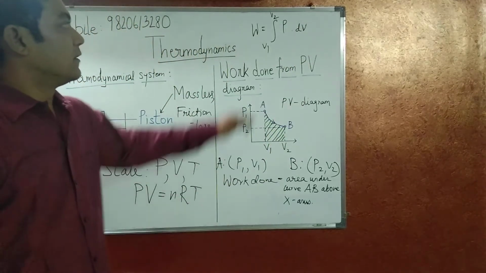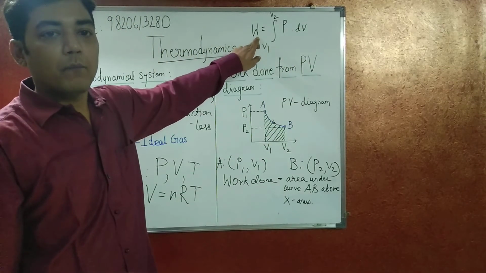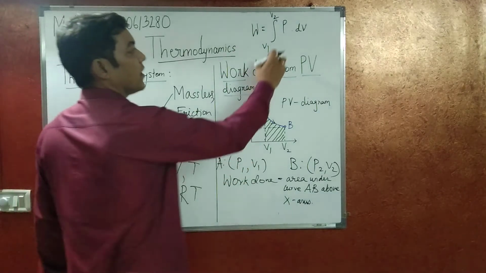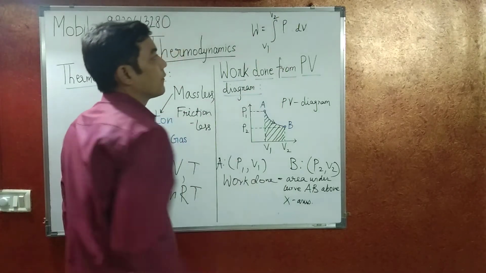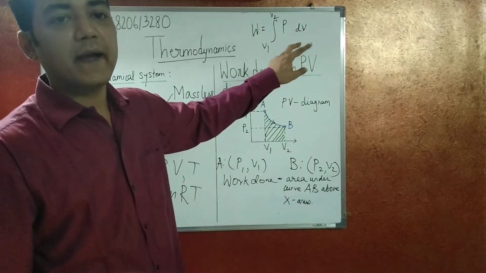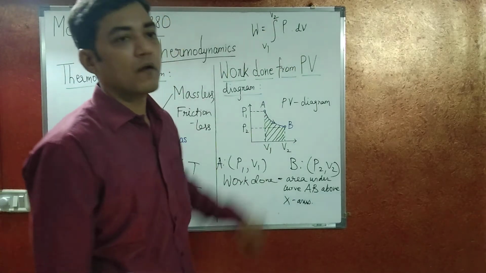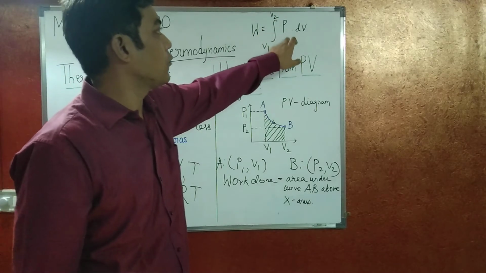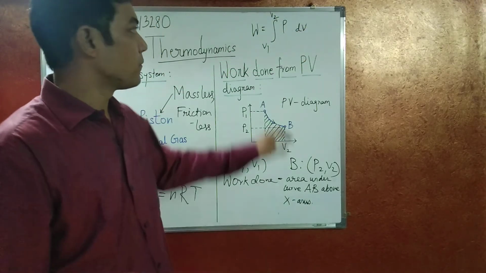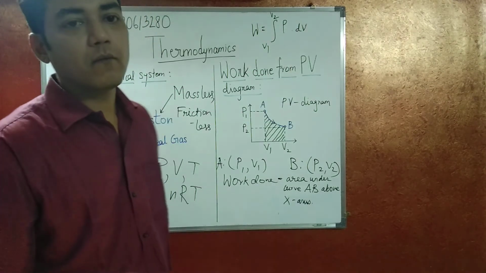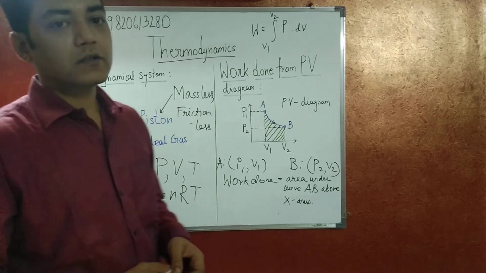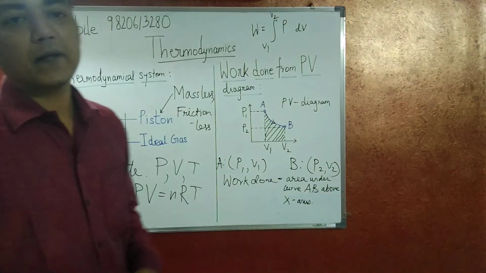This is the work done by a thermodynamic system when its volume changes from V1 to V2. dV denotes change in volume. Now, let's come to the first law of thermodynamics.